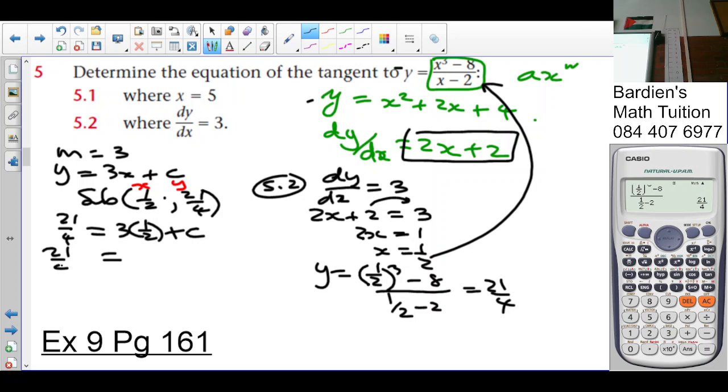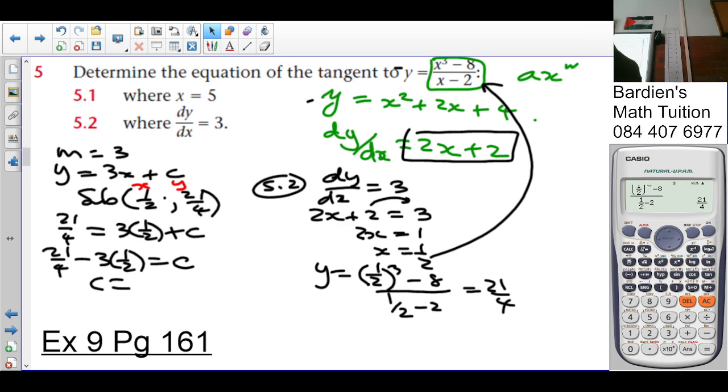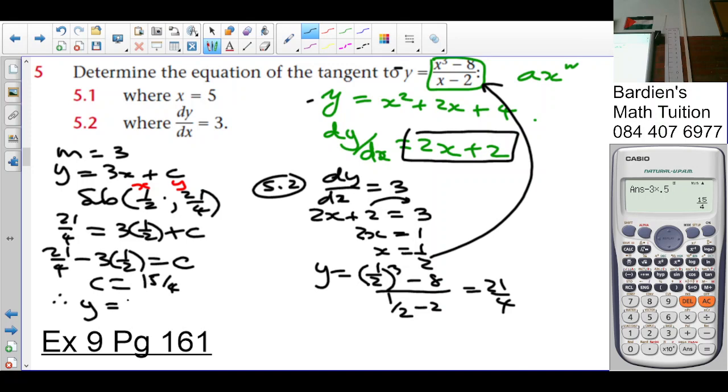There's 21 over 4 minus 3 times a half. So your c value is going to give you 21 over 4 minus 3 times a half. It's 15 over 4. Is that correct? That's 15 over 4. So therefore, y is equal to 3x plus 15 over 4.